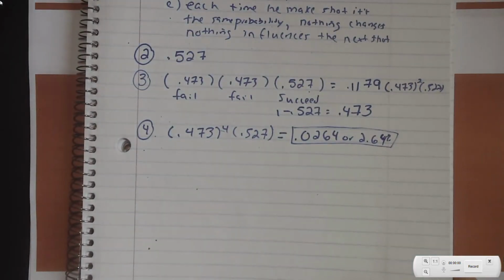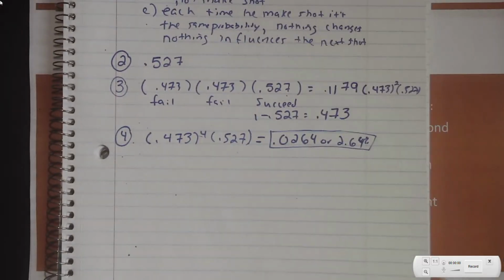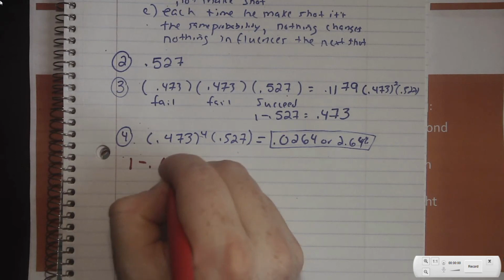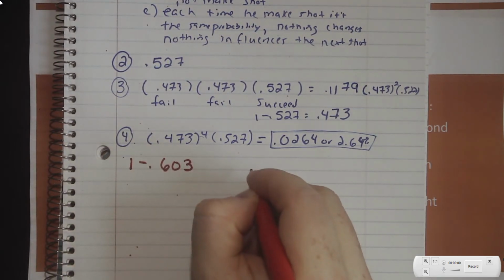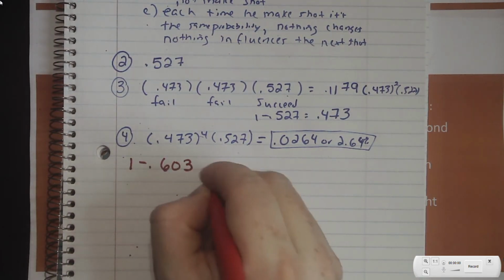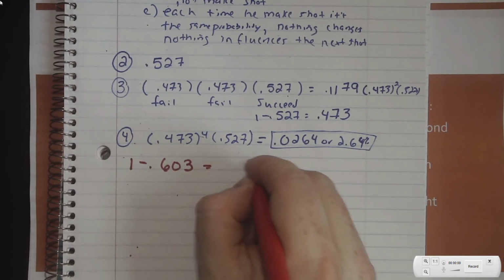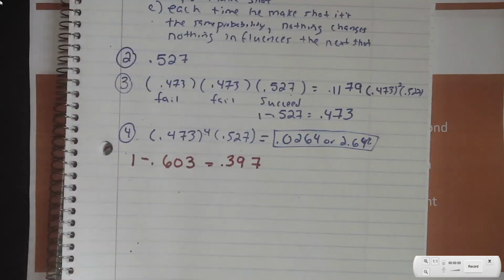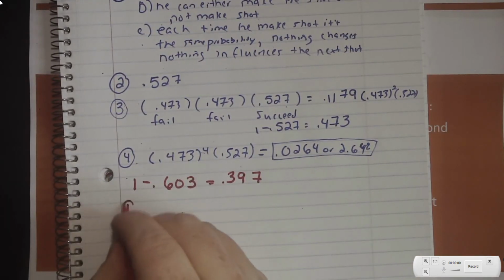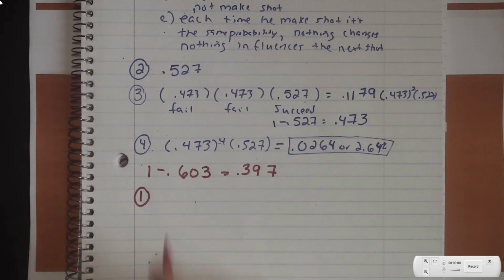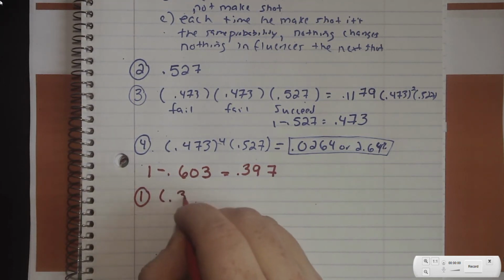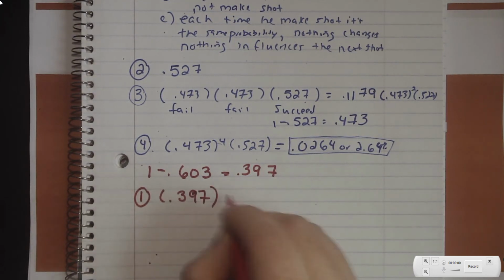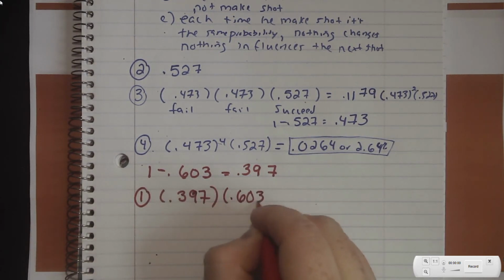So we look here. The probability of her passing is 60.3%. Right off the bat, I want to do 1 minus 0.603, and that gives me 0.397. So what is the probability of not passing until the second try? Well, that's 0.397 times 0.603.